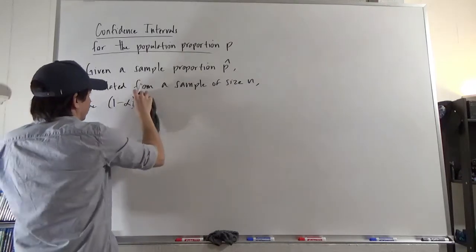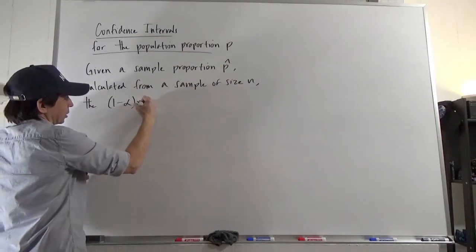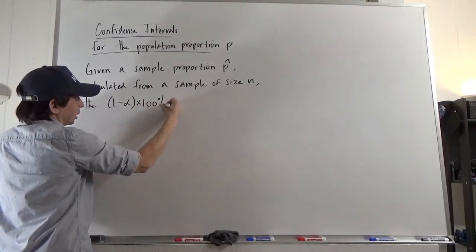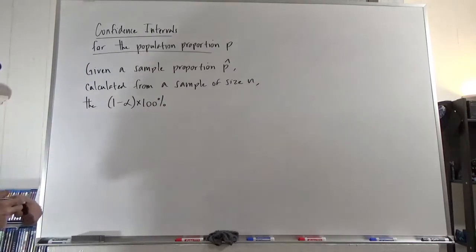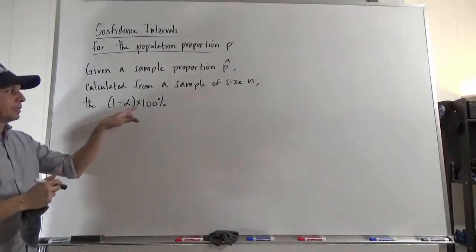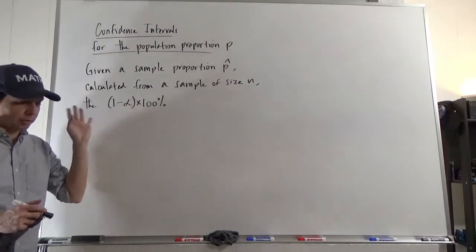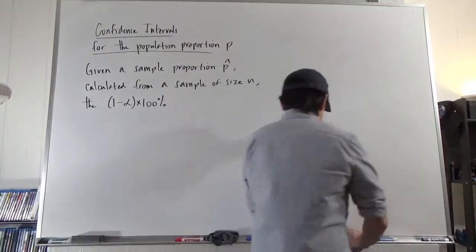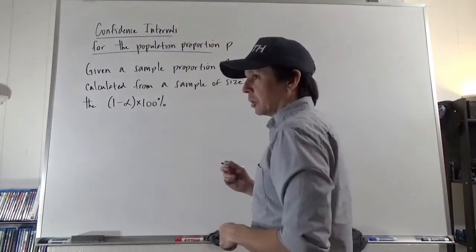Instead of putting blank, I'm going to actually use the alpha notation, but again, don't worry about that. You're not going to deal with that. You'll be dealing with 90% or 95%. You don't have to worry about alpha.